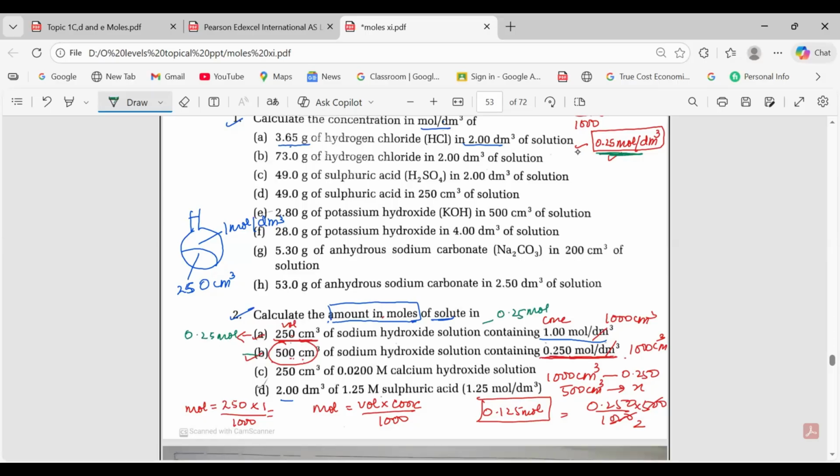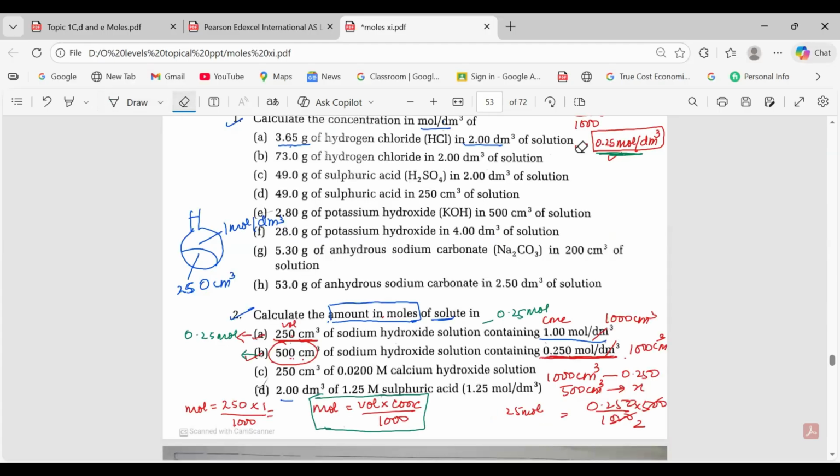Now try the second one in the same way, using the formula. What is the volume? It's 500. And what is the concentration? It's 0.250, divided by 1000.